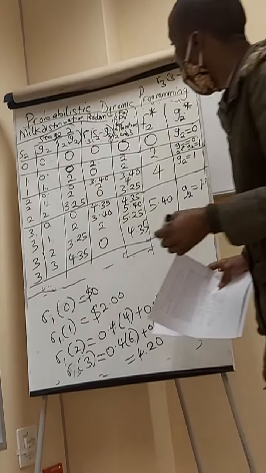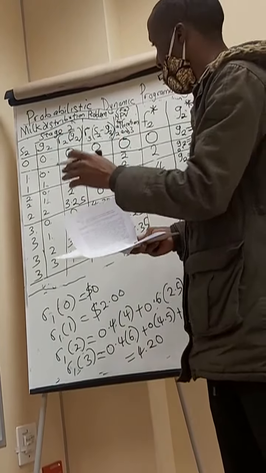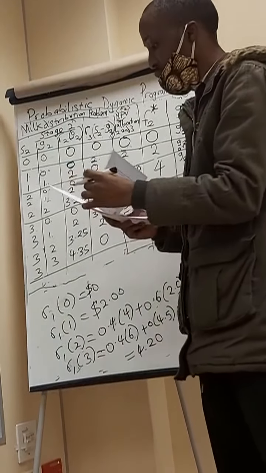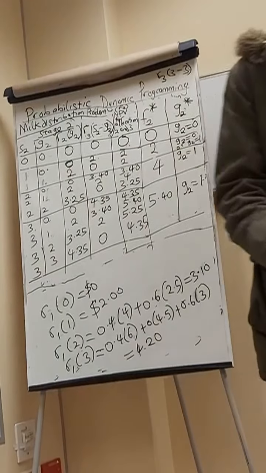So I would wipe the board off to finalize the remaining option under stage 2. I'll wipe the board now.